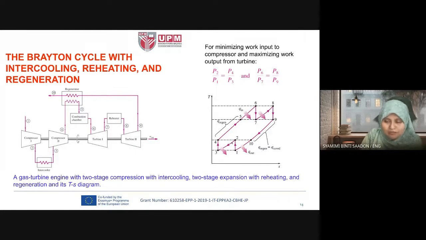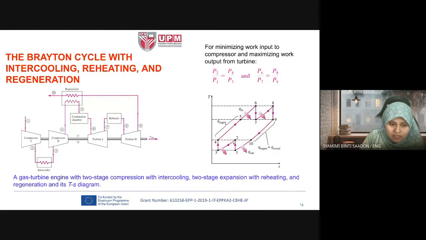I think I've mentioned this last week. To minimize the work input in the compressor. So if we are able to minimize the compressor work, it means that we save work. Thus, we can increase the efficiency of the whole cycle. So you can look at the TS diagram here.